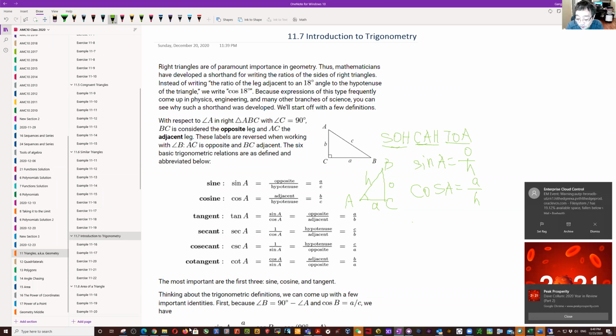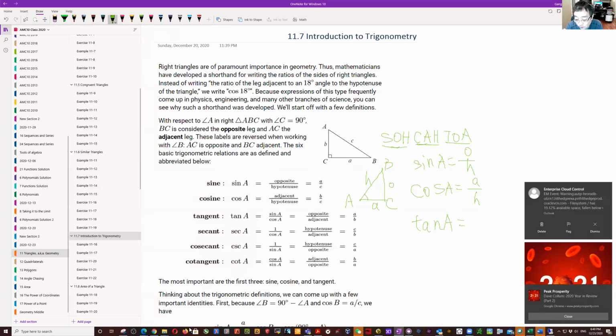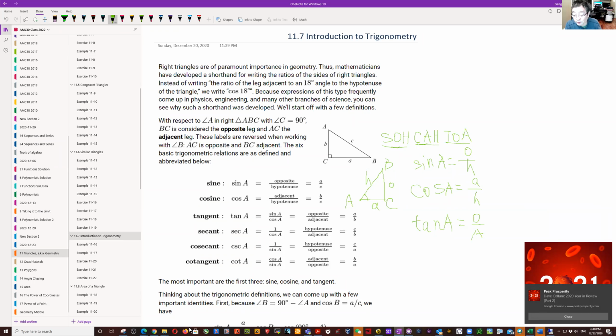And TOA is the tangent. Tangent A is equal to opposite over adjacent. So with the so-called SOHCAHTOA, you're able to remember 3 of the 6 trigonometry functions.